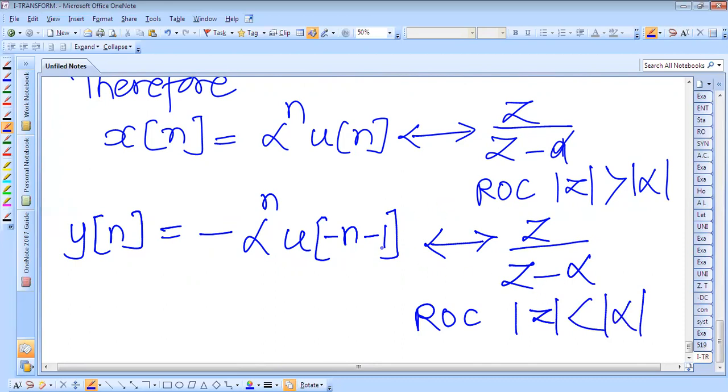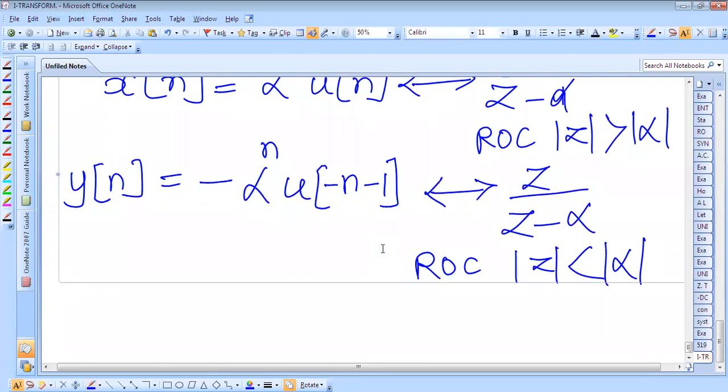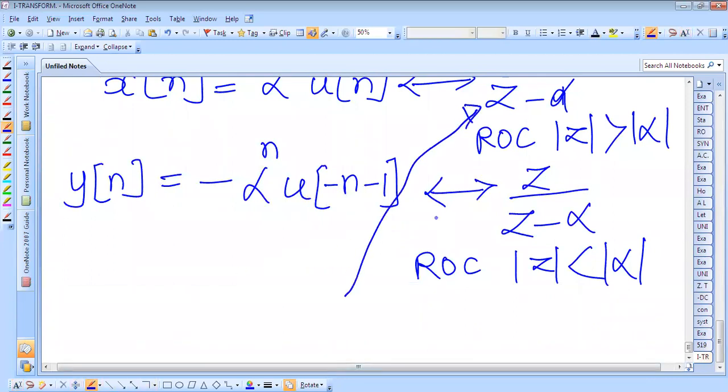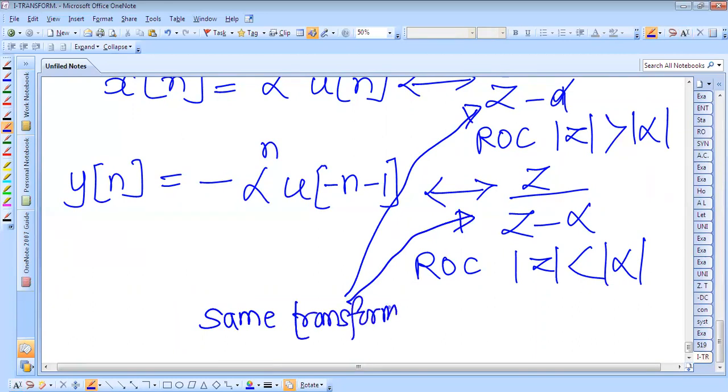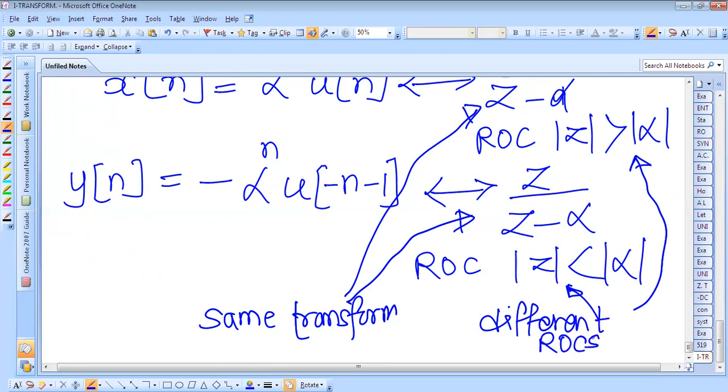So what can we conclude here? We can conclude here that we have the same transform but different ROCs. Okay, so this we can conclude from this. These are different ROCs.